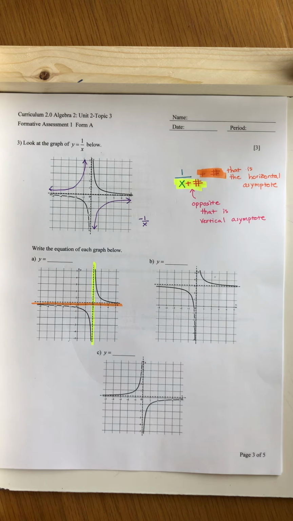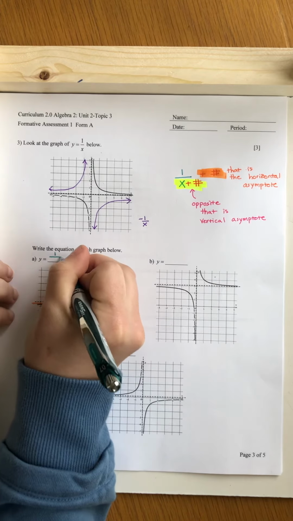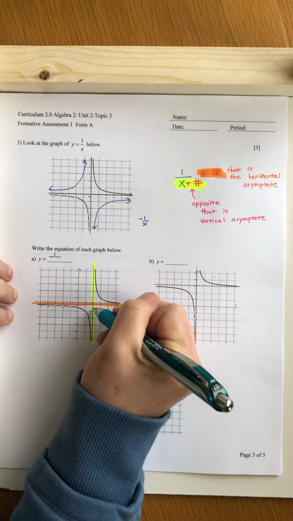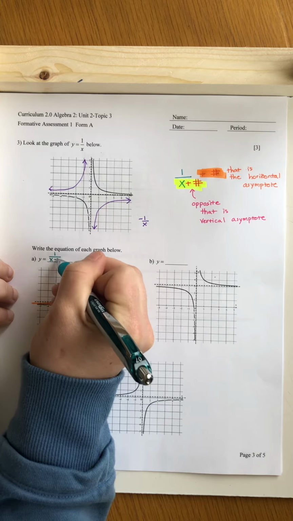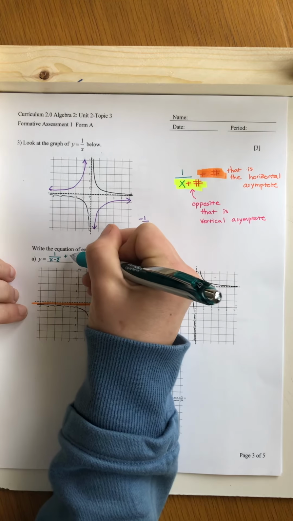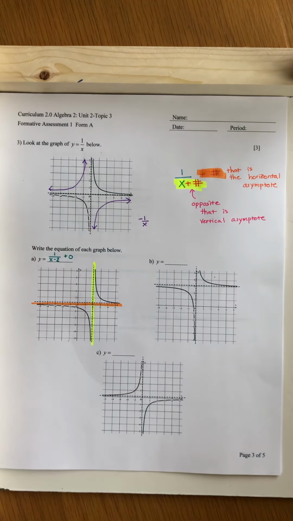So for this one, we have 1 over the opposite of the vertical asymptote, which would be x minus 2. And then there's no horizontal asymptote, so you can write plus 0, or you don't need to write anything afterwards.